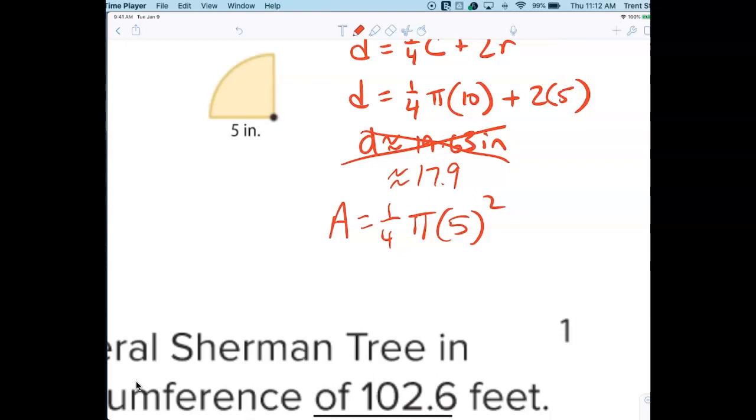And what's that? 19 point something. So that's all it was. And then that would be inches squared. That's not the end of the world.